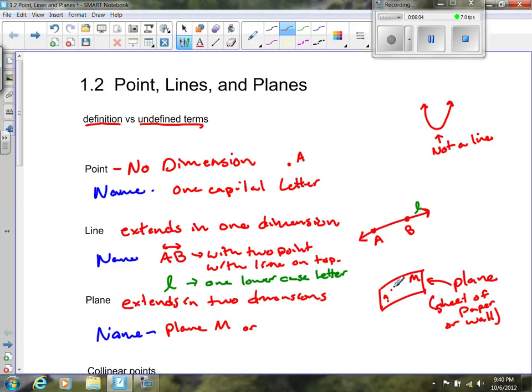Say we have points A, B, and C. I know that's really small, but you could also just name it plane ABC. Okay, 3 points will define a plane. We'll talk about that later on, but it's important to know.